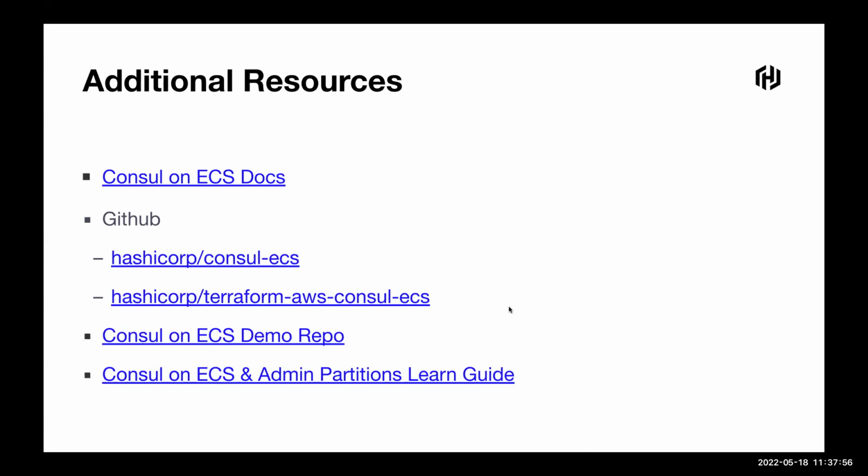And also there is a learn guide wherein you can follow the exact steps to recreate the admin partition setup. The demo that you've seen today focuses on EKS and also ECS, but if your environment is only using ECS, the learn guide that we will share actually sets up 2 ECS clusters and shows how you could use admin partitions for 2 ECS clusters or more.